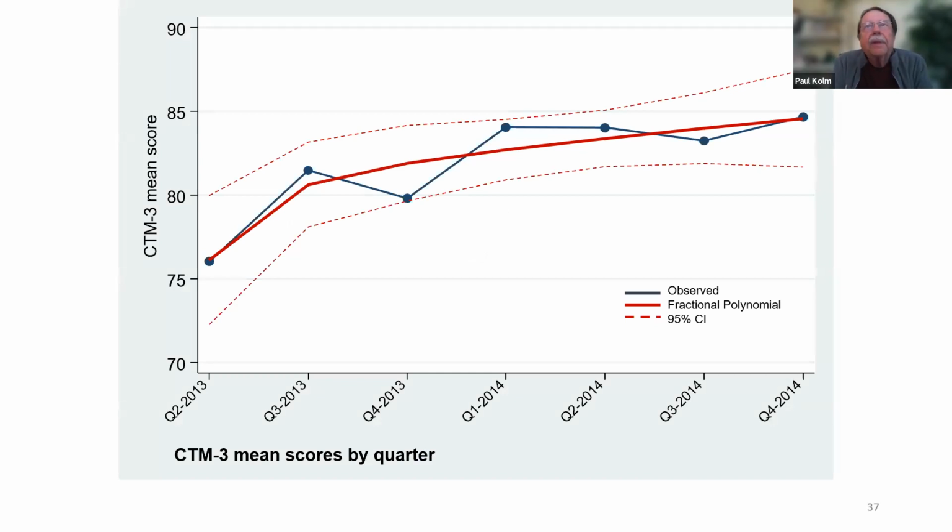So another application here of fractional polynomial regression is, say you have, in this case, this is CTM3, which is I think like a self-report measure.